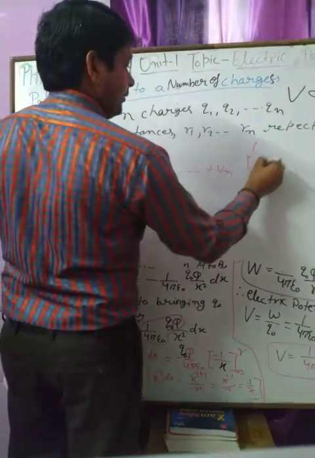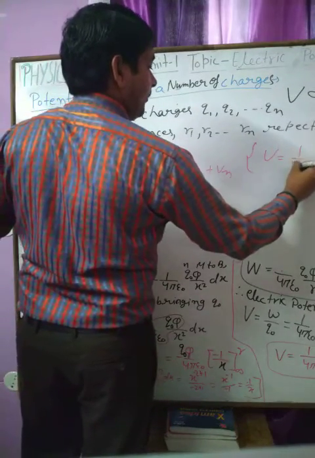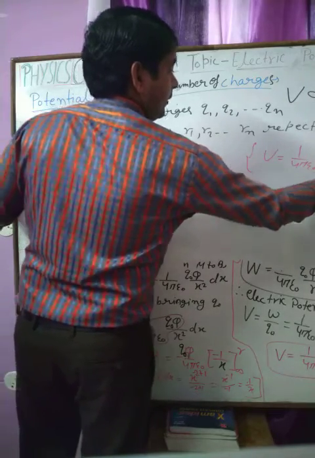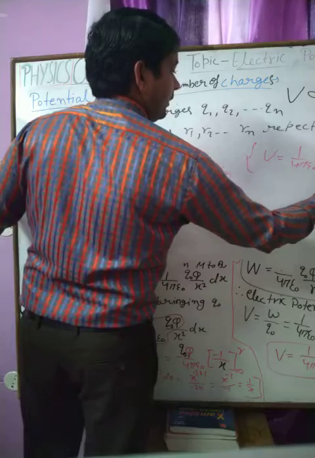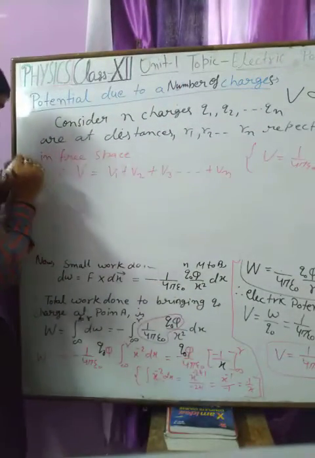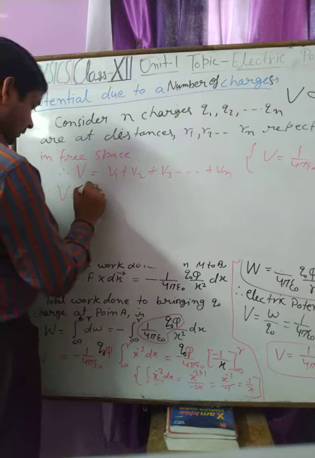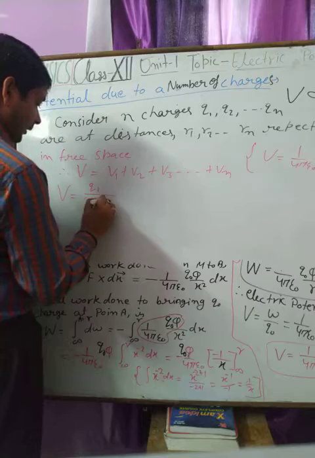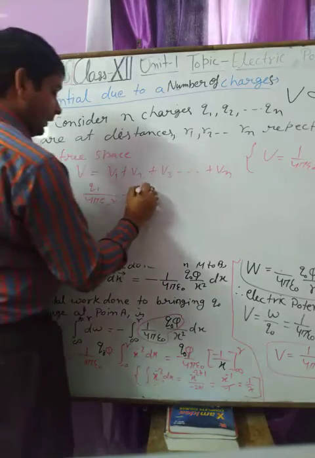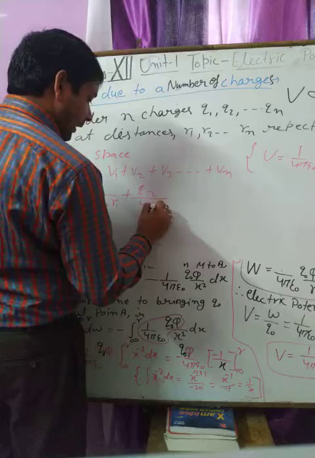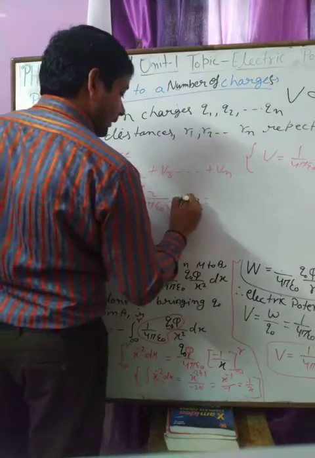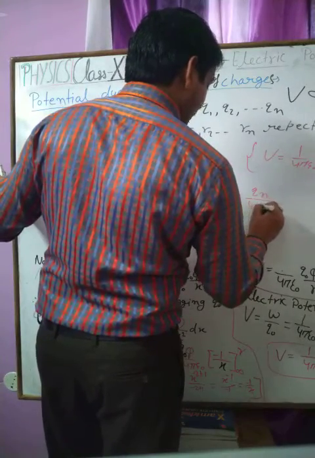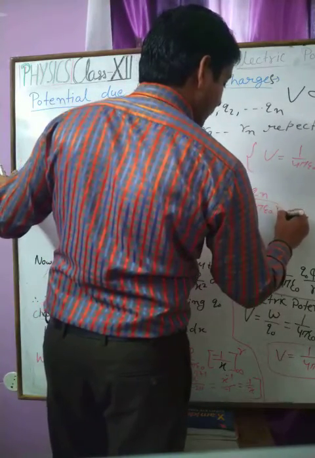We have potential at a point 1 upon 4 pi epsilon naught Q upon R. Therefore, potential is Q1 upon 4 pi epsilon naught R1, Q2 upon 4 pi epsilon naught R2, and similarly Qn upon 4 pi epsilon naught Rn.